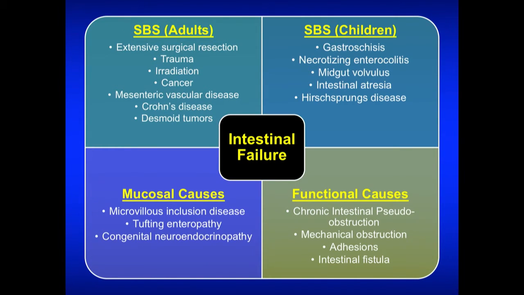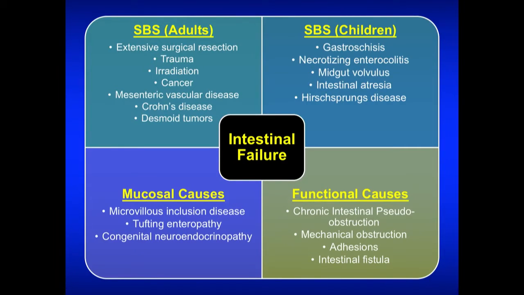For example, mucosal causes are oftentimes what children can be born with, such as microvillus inclusion disease, tufting enteropathy, congenital neuroendocrinopathy. And we also see a lot of adults and children with functional causes, such as impaired motility, as in chronic intestinal pseudoobstruction, people who have fistulas, adhesions, or blockages from mechanical obstruction. But the vast majority of the patients that we do see at UCLA do have short bowel syndrome.